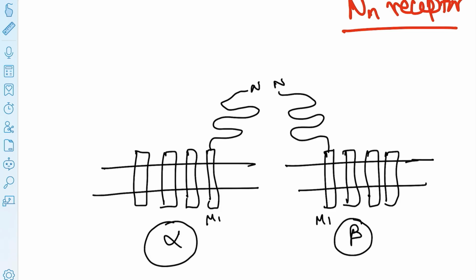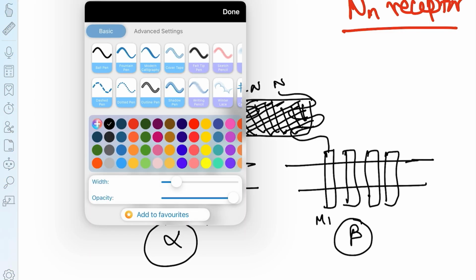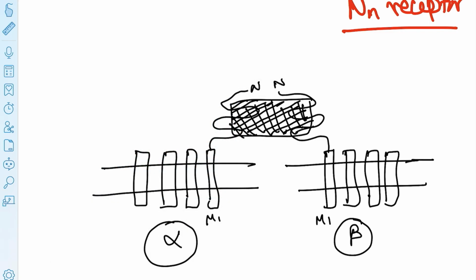So it makes a particular conformation such that it forms a room or a cushion for the agonist to bind. So the agonist comes and binds to this particular region of the alpha and beta subunit of nicotinic receptors, right? So suppose acetylcholine or nicotine or any other drug, succinylcholine, etc. Those drugs can bind to this particular extracellular region and can open the channel.